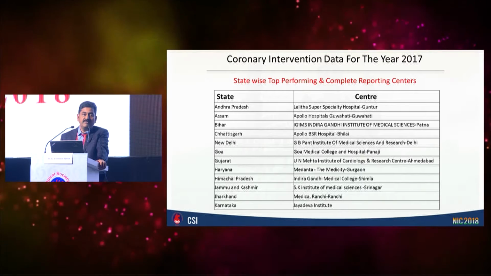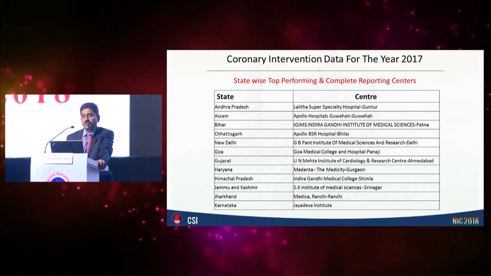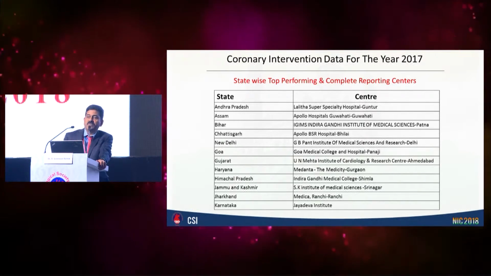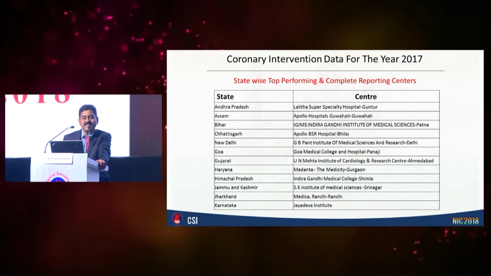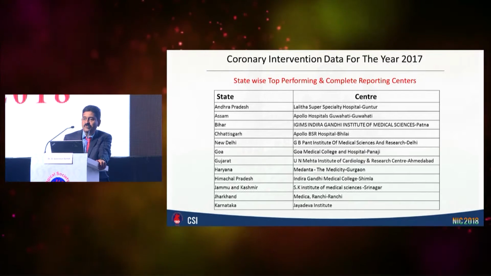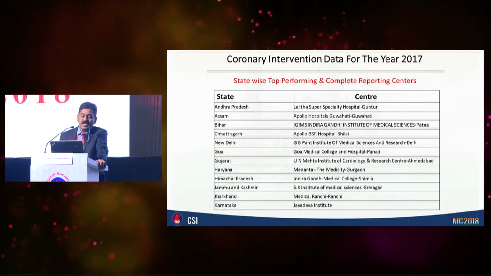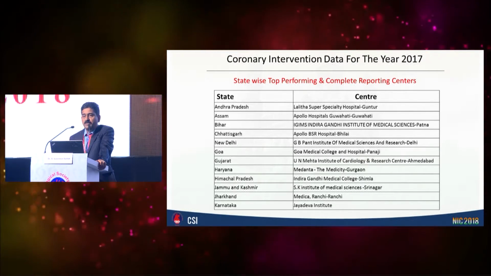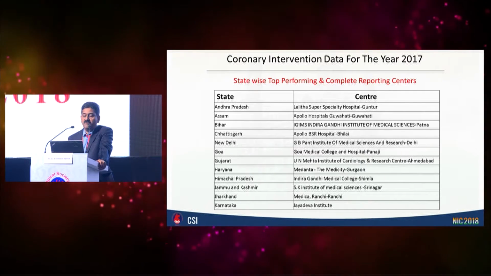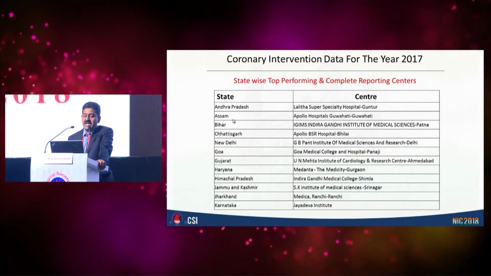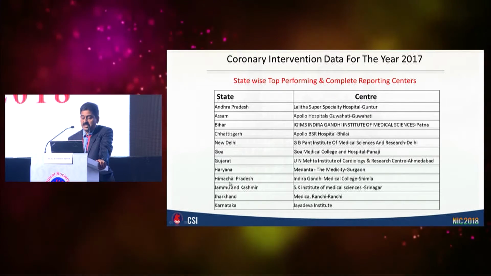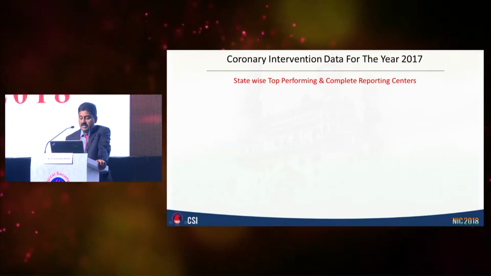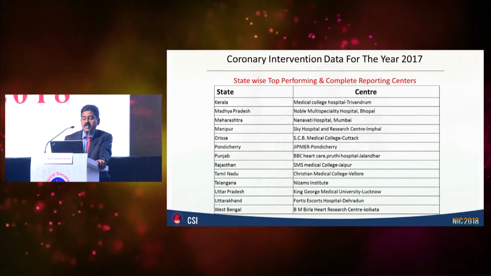What we have to learn, I've gone into the nitty-gritty and saw how they were able to do it. His wife is also a neurologist. So that's how neurology and cardiology cooperation will, I think, do more good to patients. Multi-system specialties helping each other would go a long way. That's the beauty of our country, be it east like Assam, Bihar, Chhattisgarh, New Delhi, North, South, all the centers mentioned here.